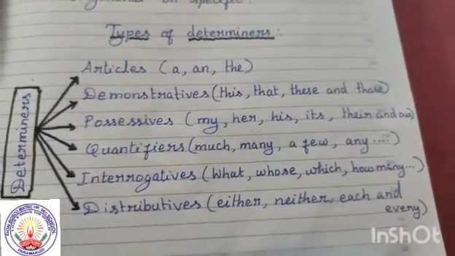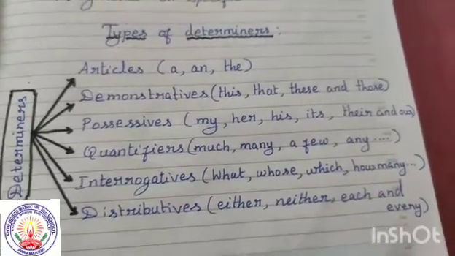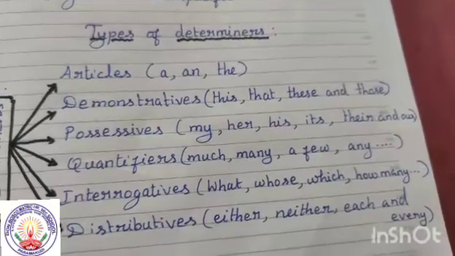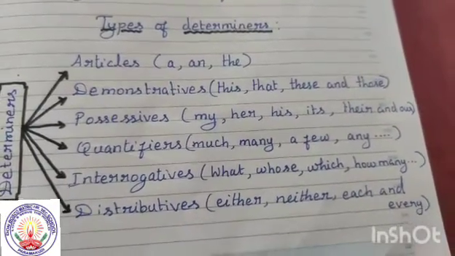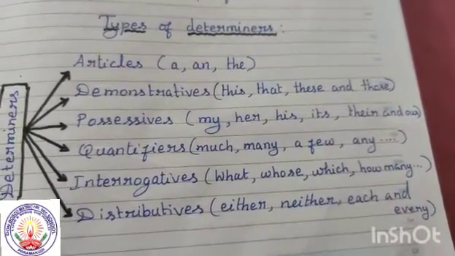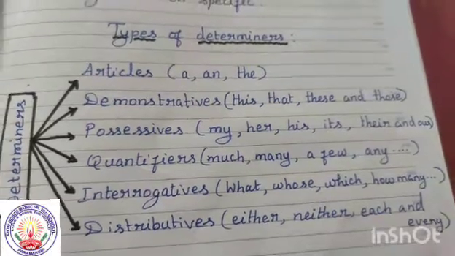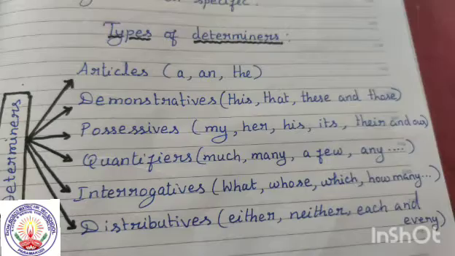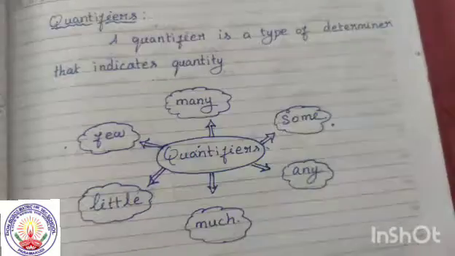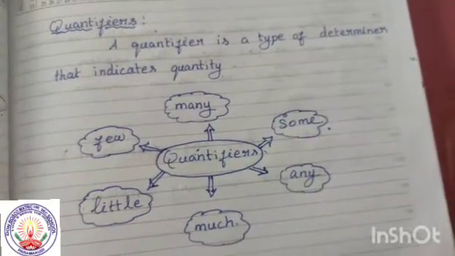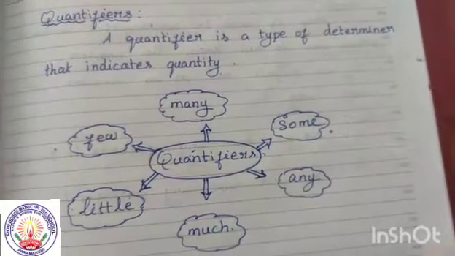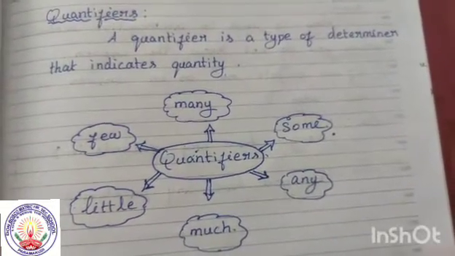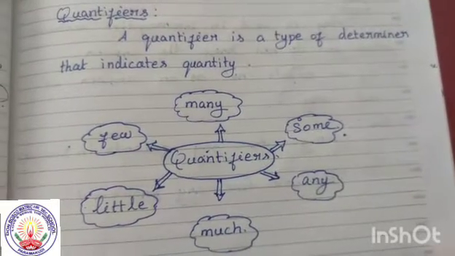But in your textbook, in English, in the first unit, you have the grammar part. In the grammar part, you have the determiners. One type of determiner you have is quantifiers. So we are going to see one of the determiners, the quantifier. So what is a quantifier? A quantifier is a type of determiner that indicates quantity.